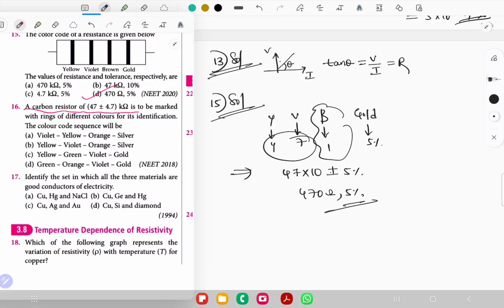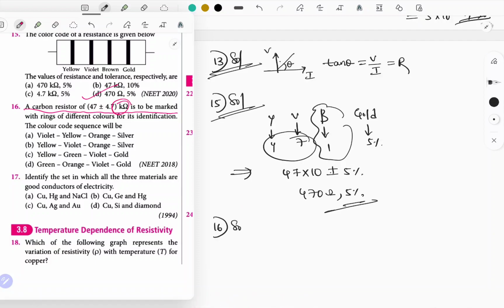A carbon resistor of 47 plus or minus 4.7 kilo ohms, they are saying. It is in terms of kilo ohms, the 16th question. So it means 47 kilo ohm plus or minus 4.7. Okay, first of all let me convert this into percentage. 4.7 is how much percentage of 47? That is 4.7 kilo ohm divided by 47 kilo ohm into 100.